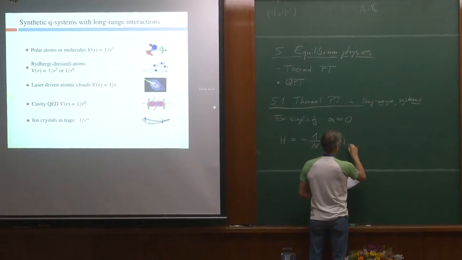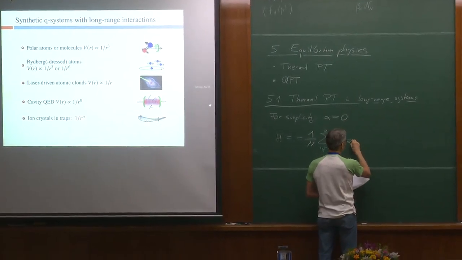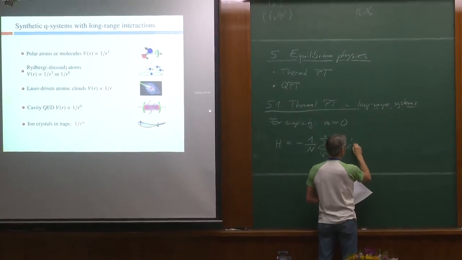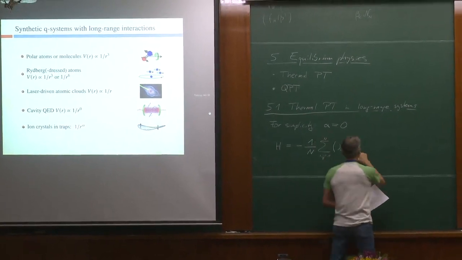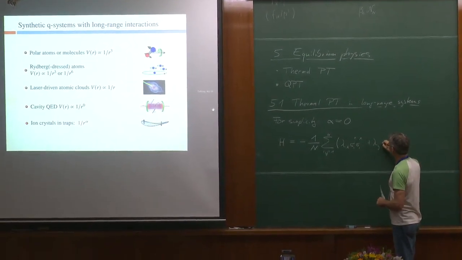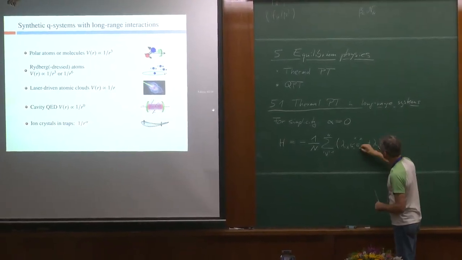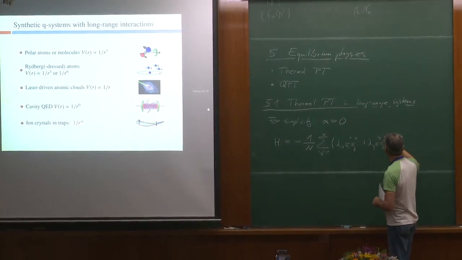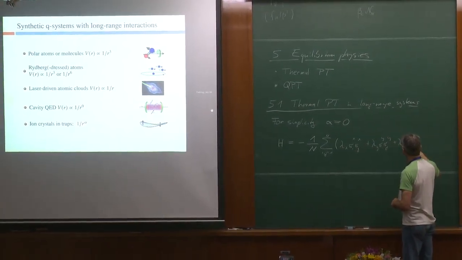And then, at first, to have a more general class of model that includes the transverse field Ising model, I'll introduce XX coupling here, but also another term with YY coupling. Oh, sorry, this must be a J. And a term with ZZ coupling.